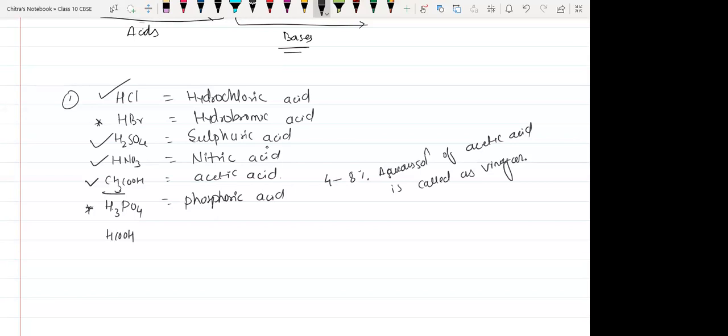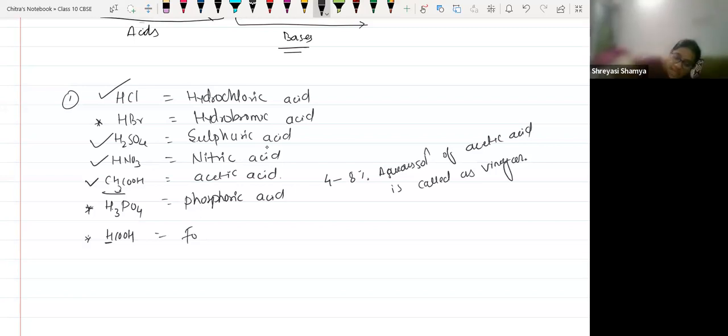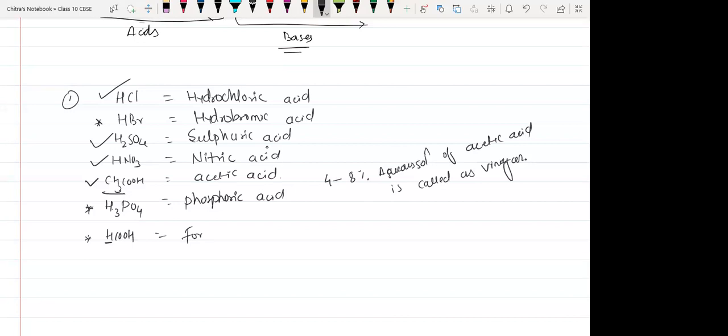Its molecular formula is CH2O2, but its representation is H, C double bond O, OH. Because the COOH group is called the carboxylic acid group. So it is formic acid.